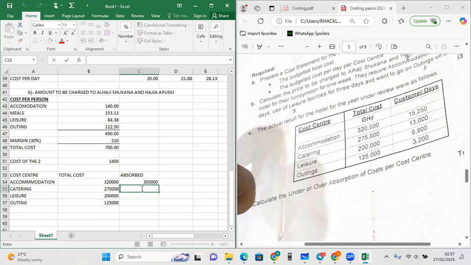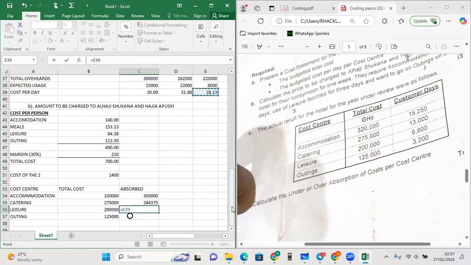And the next one is going to be this times 13,000. And equal to this one also times the absorbed customer days.